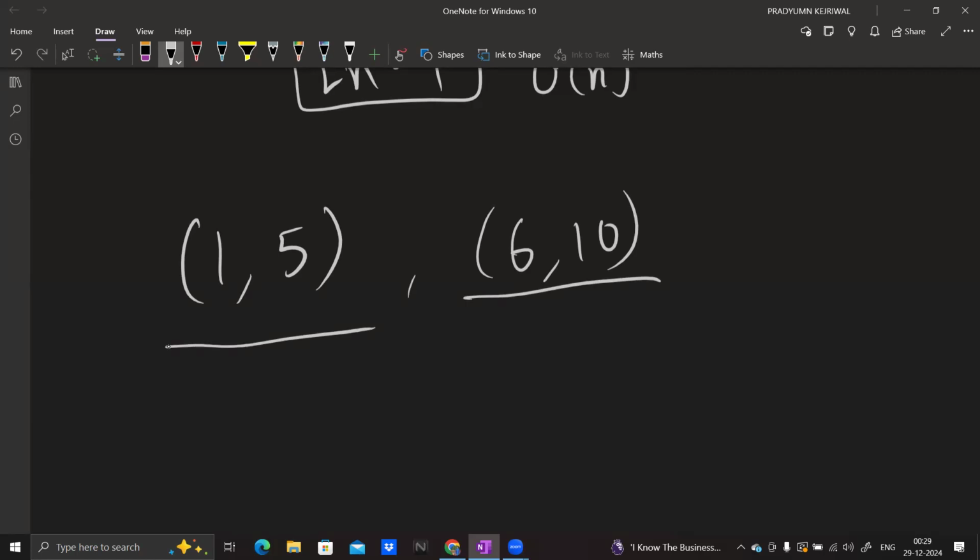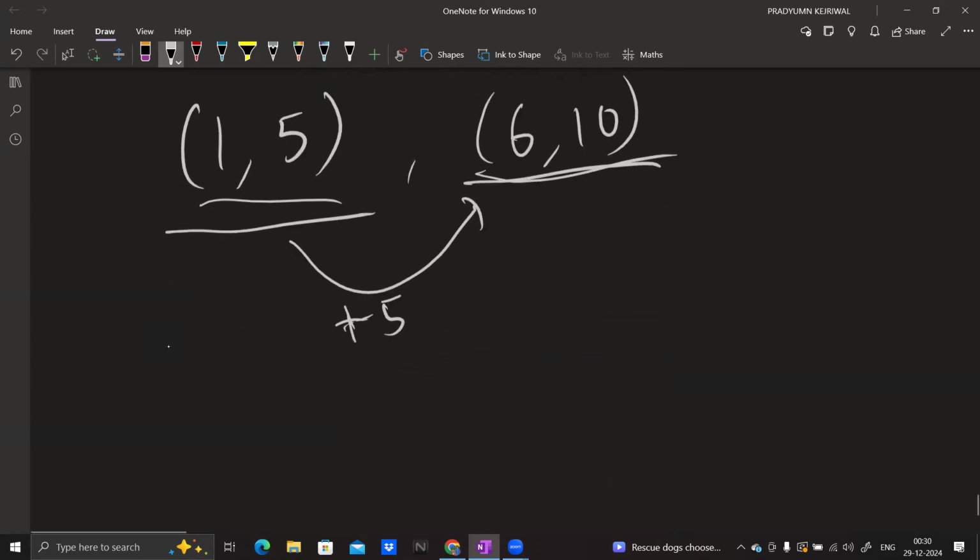It is just shifted by 5. If we add 5 to all the numbers from this, we will get this. So, let's say in this one, k equals 2. What would the answer be for 1 to 5?